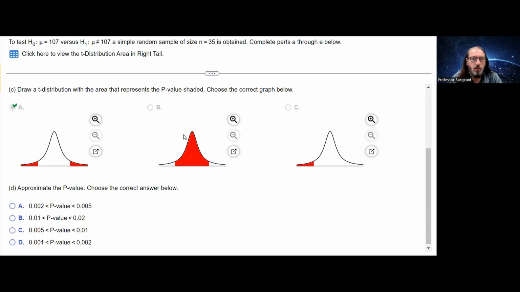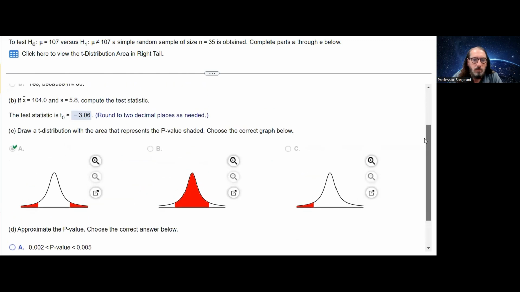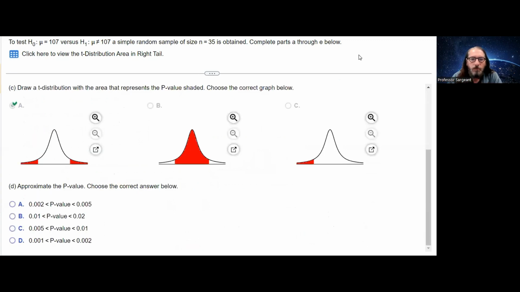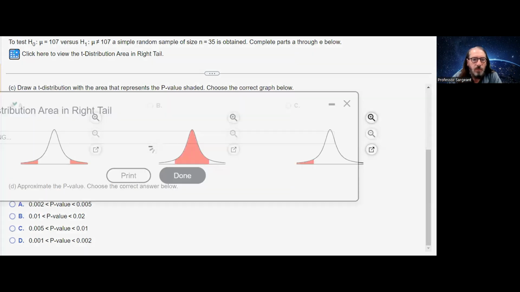Approximate the p-value. Okay, so let's see here. There are 34 degrees of freedom. That is one less than the sample size.